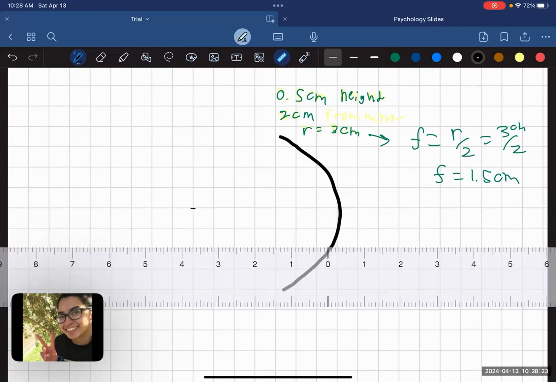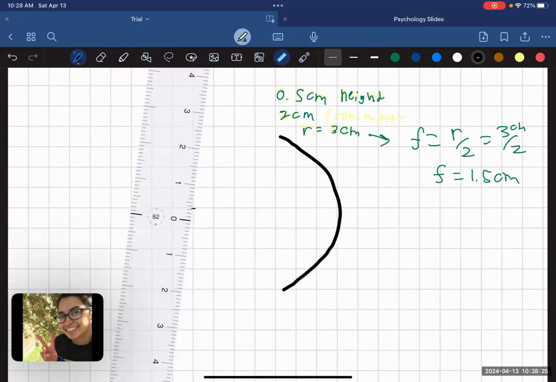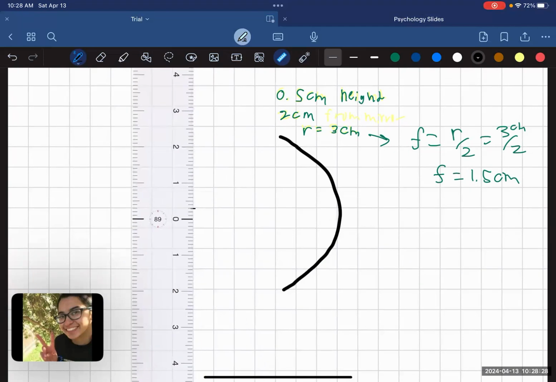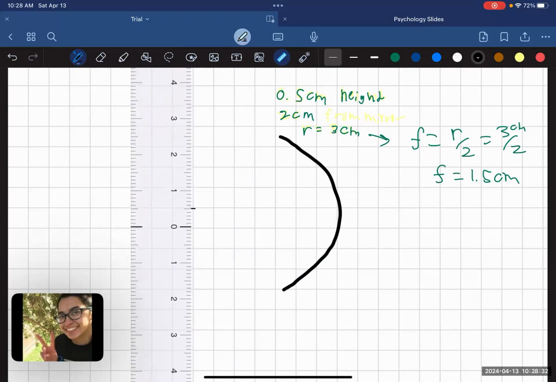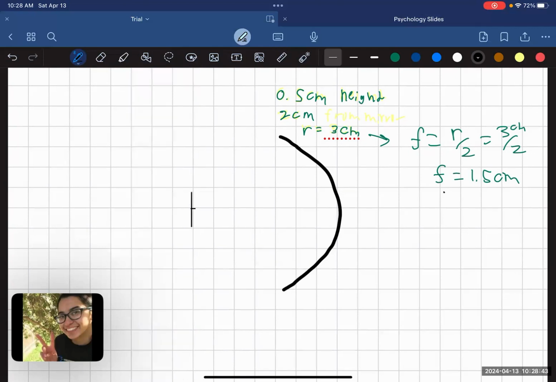And then the object is 0.5 centimeters, but because I doubled the other scale, I'm gonna double this scale as well.